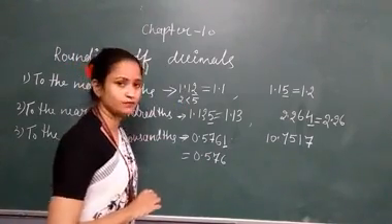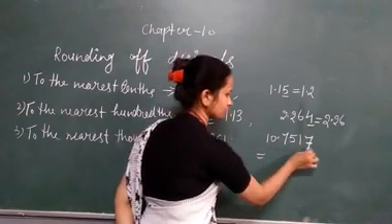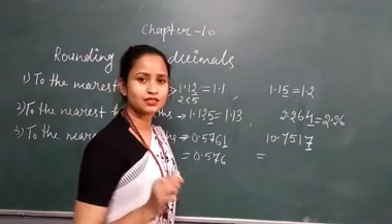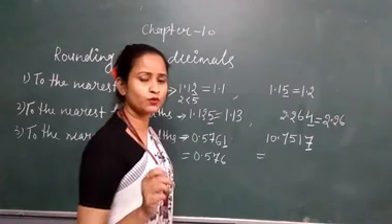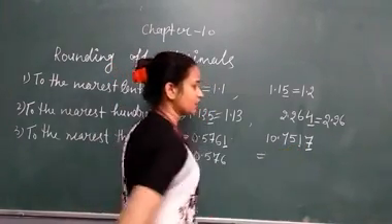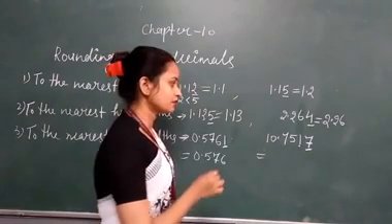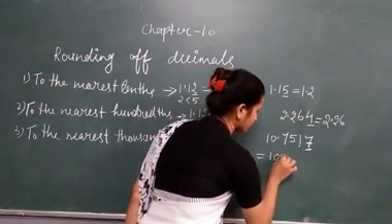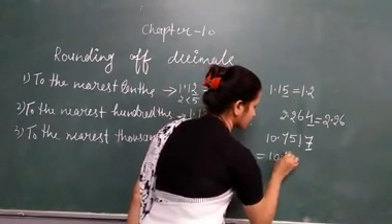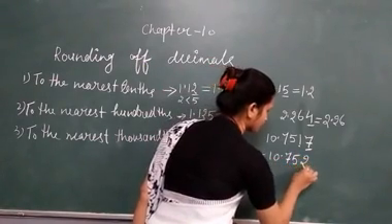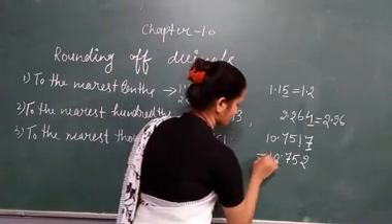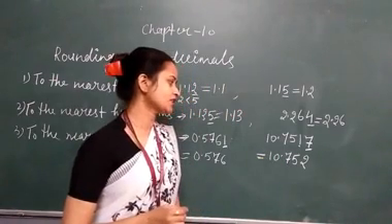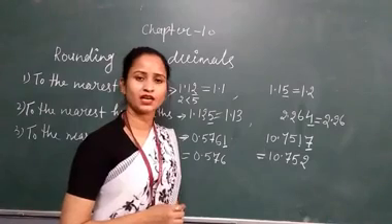That's why. Okay. Now here, the digit in 10,000 place is 7, which is more than 5. That's why we will add 1 in the hundreds place. So our answer will be 10.752. Understood?